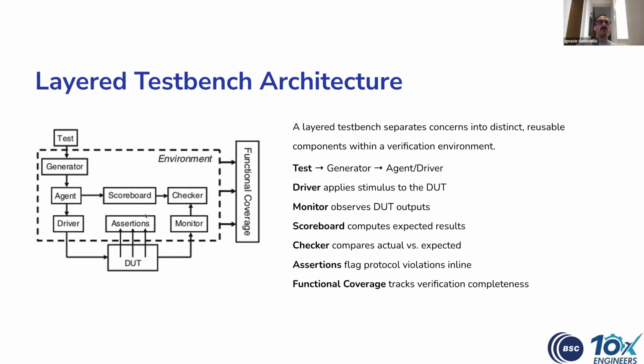The environment also should include or might include assertions for checking of protocol violations in line with the DUT, and a functional coverage model to track verification towards completeness. We will see more about this layered test bench later in the presentation and why this is so important.